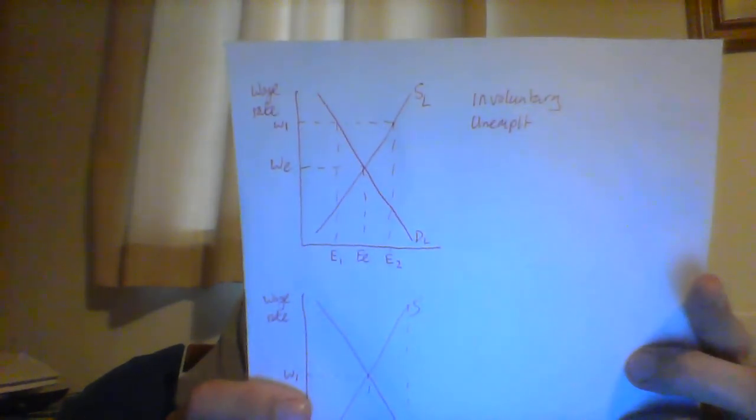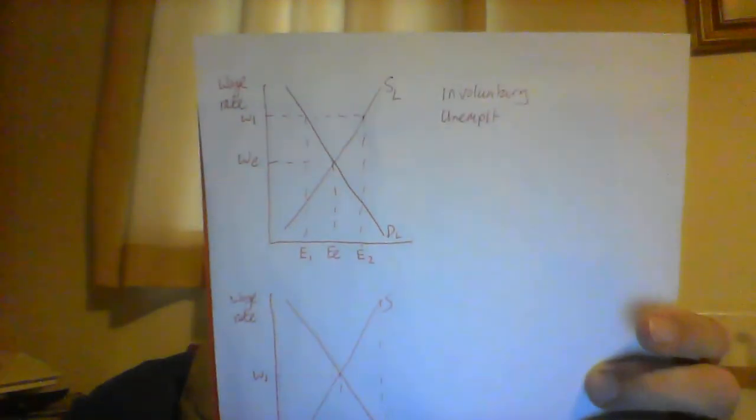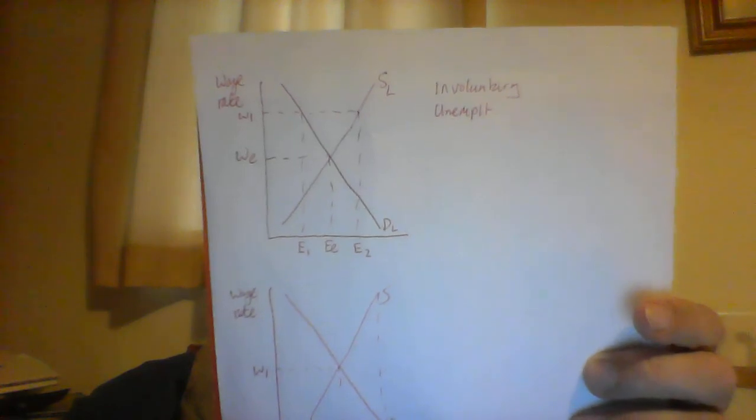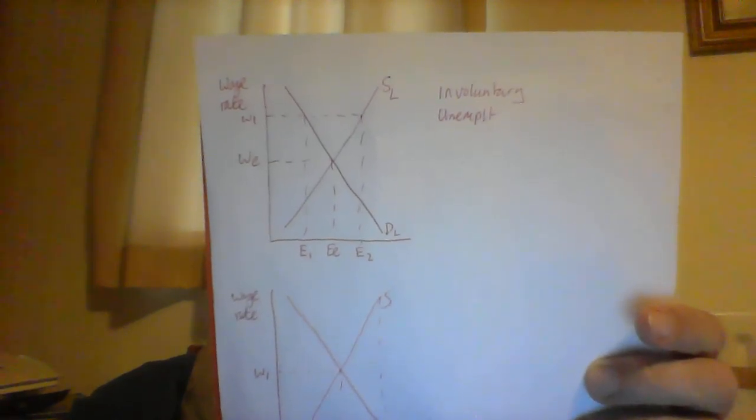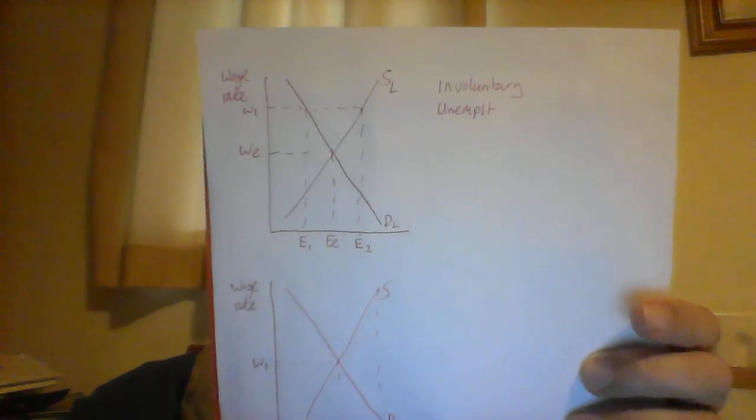So the middle diagram would show that outcome. The labour market's clearing, but there are some people, I've labelled it as E2, who are not prepared to work at that wage rate. They would want a higher wage rate than W1 to persuade them to work. So how do you get rid of voluntary unemployment?